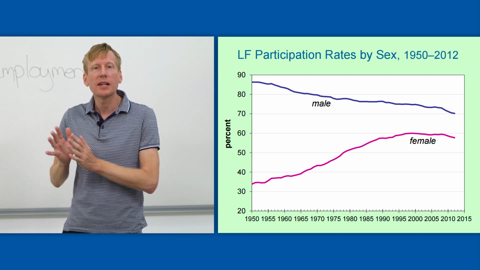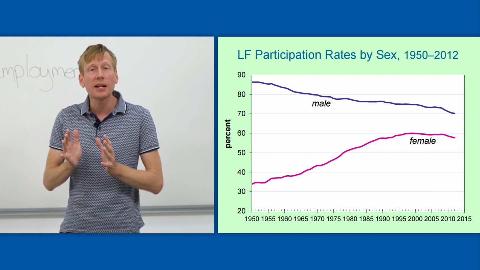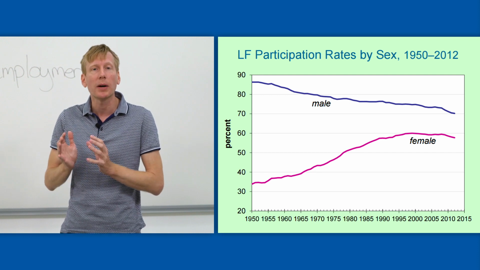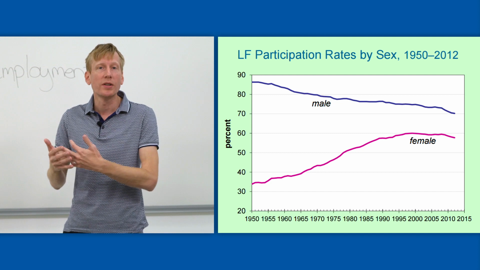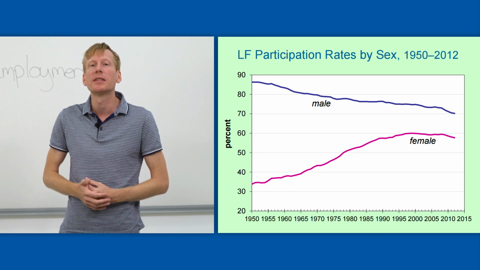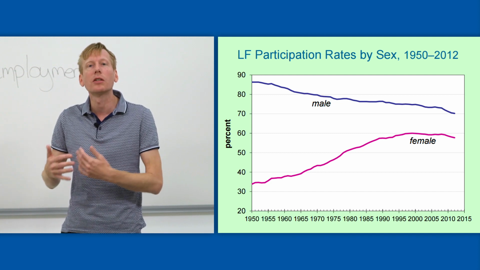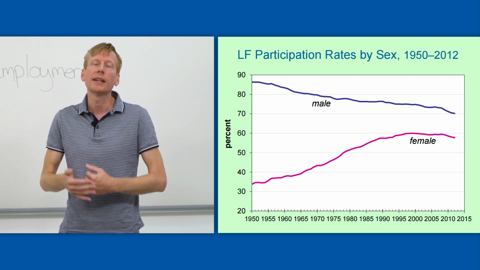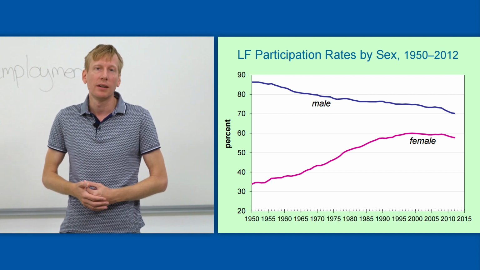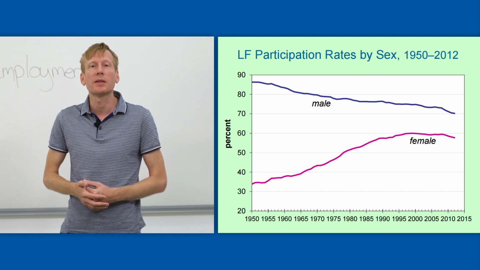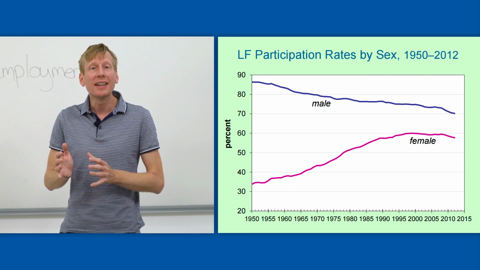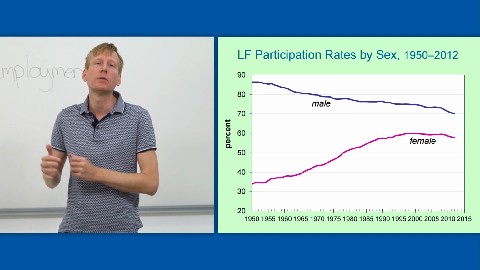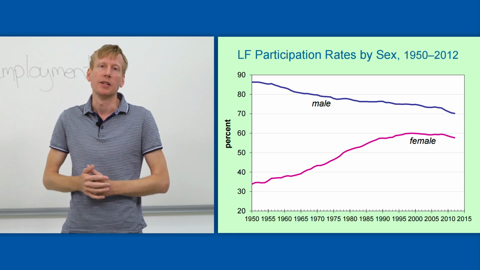And over time, the percentage of the potential labor force, the working age population, which is over 65 or likely to be retired, has been increasing and increasing and increasing. It will likely continue to increase in the future. So we should expect these labor force participation rates for both men and women to have a tendency to decline in the future in the United States and other countries as well.